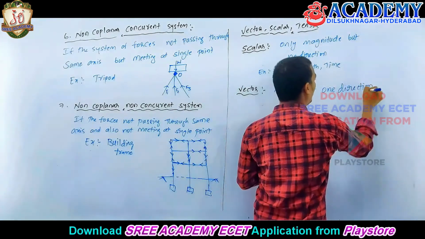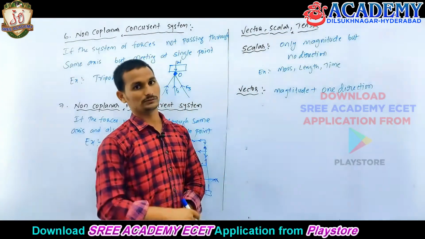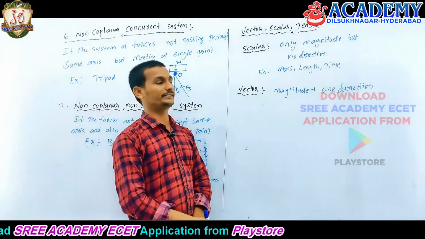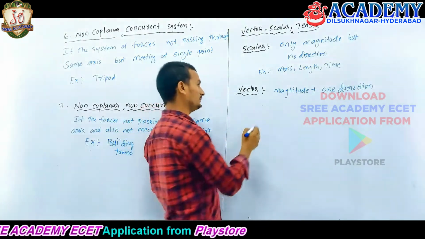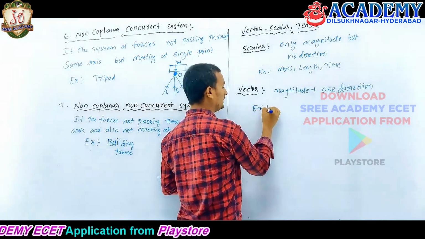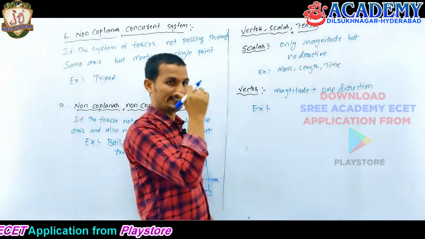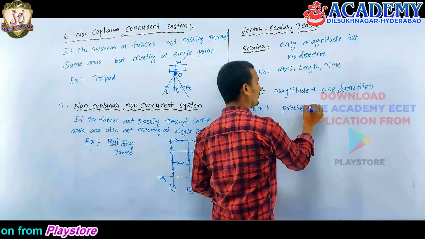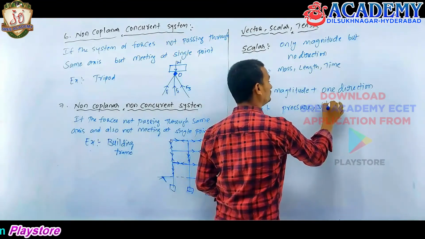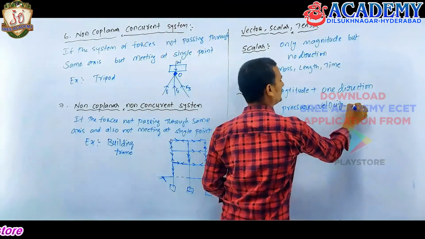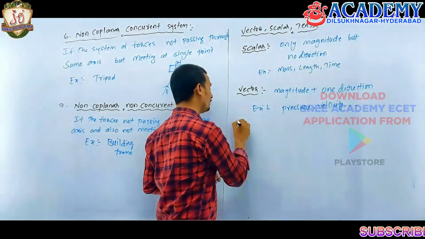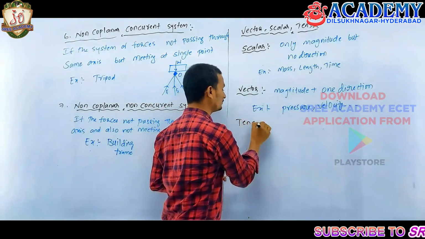There will be magnitude and only one direction, that we call a vector. The examples for the vector are pressure, velocity, etc.